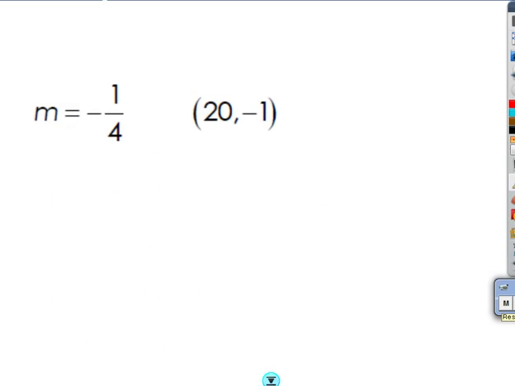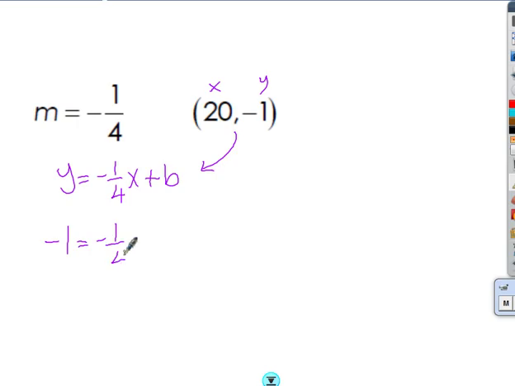Here's our last example of this style. I'll have my y is equal to -1/4 x plus b. This is my equation halfway. I substitute m value already. This is x value, y value. Let's put that into the equation. We will have -1 is equal to -1/4 times 20 plus b.